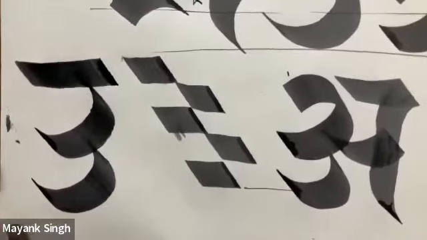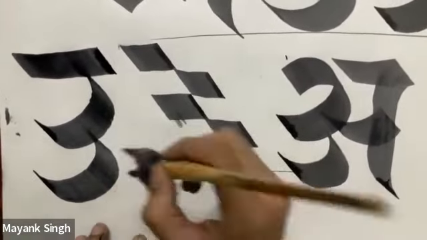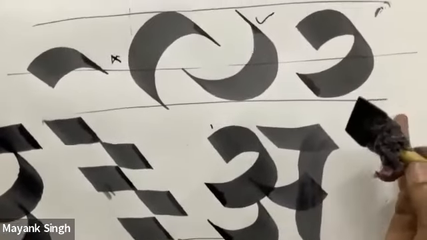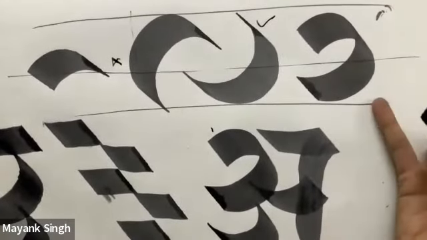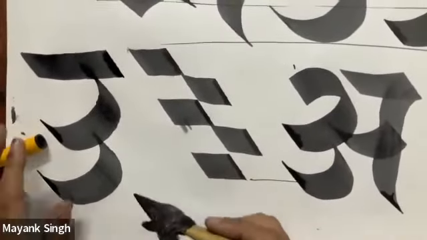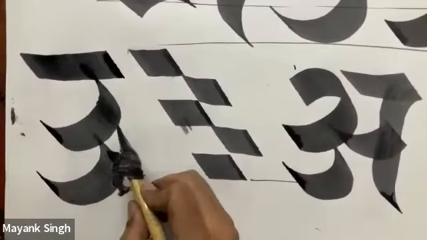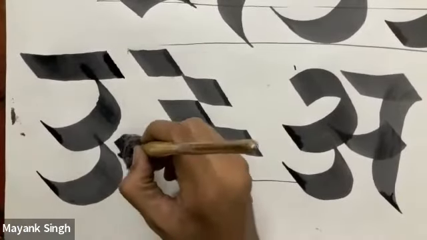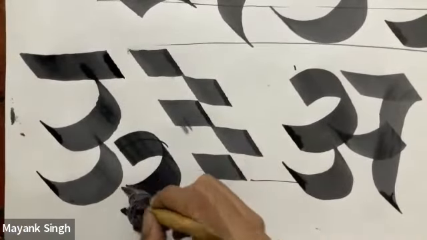This would become U. And if I have to make the Dirgha U, I just have to add this stroke again. This one, the 4th stroke that I made, and make it here from here. Dirgha U. So 6 vowels are covered now.